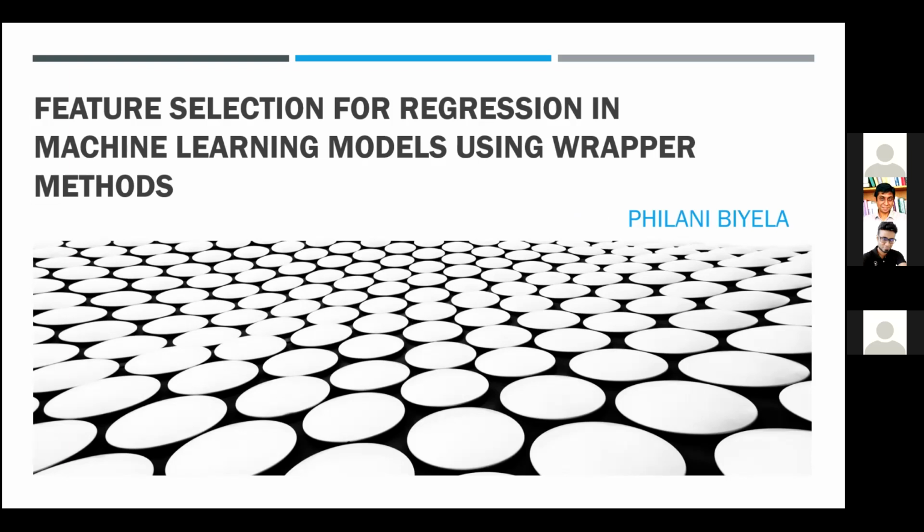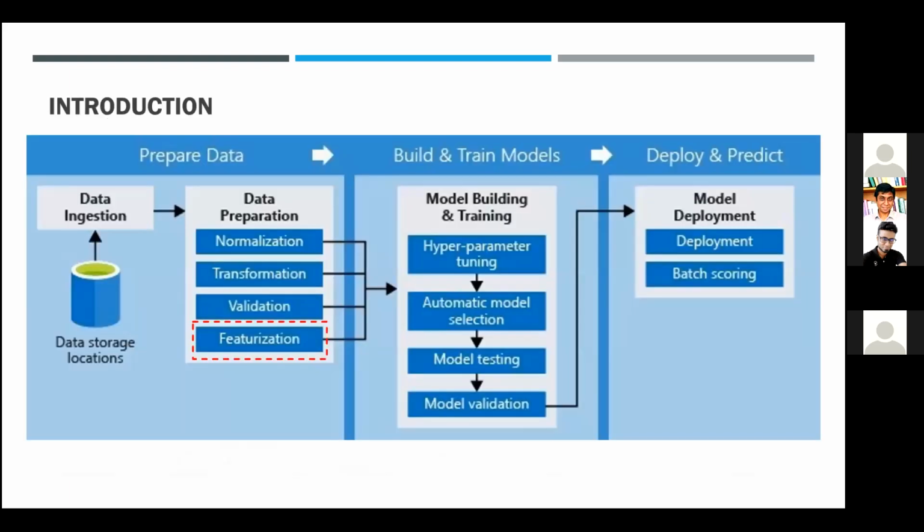Okay, so feature selection is a big component in developing data-based models, specifically machine learning models. If you look at the whole machine learning pipeline, when you develop this data-based model, you have your data, then you prepare your data.